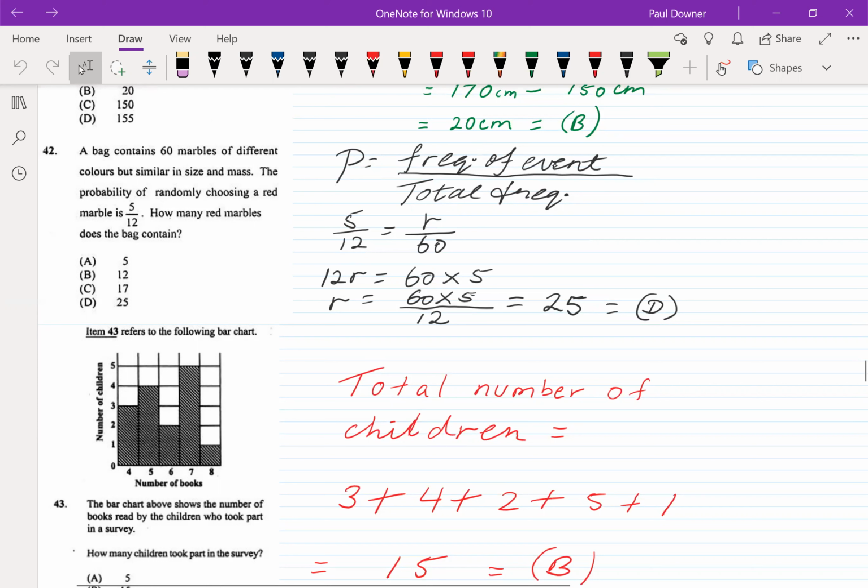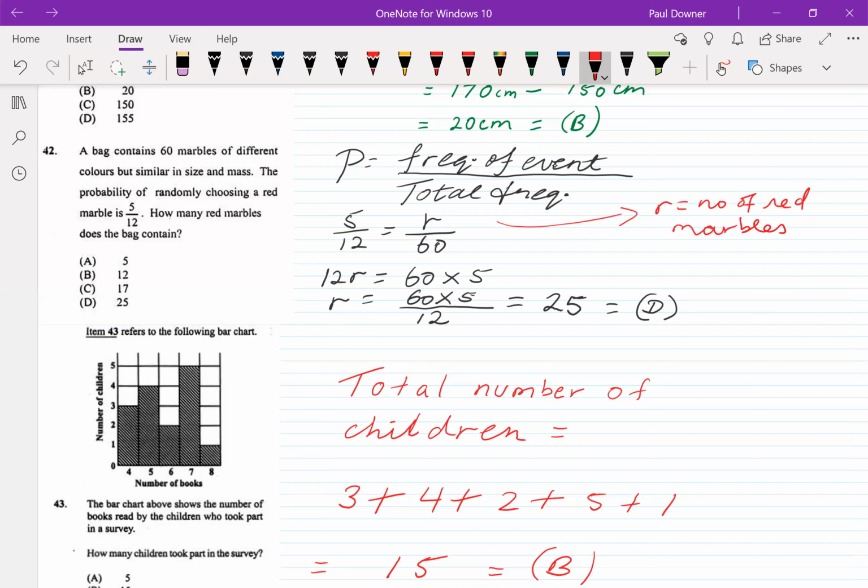So this R here is really the number of red marbles. That's what we're interested in. So the number of red marbles over the total number of marbles would give us the probability of the marble being red if you randomly choose.